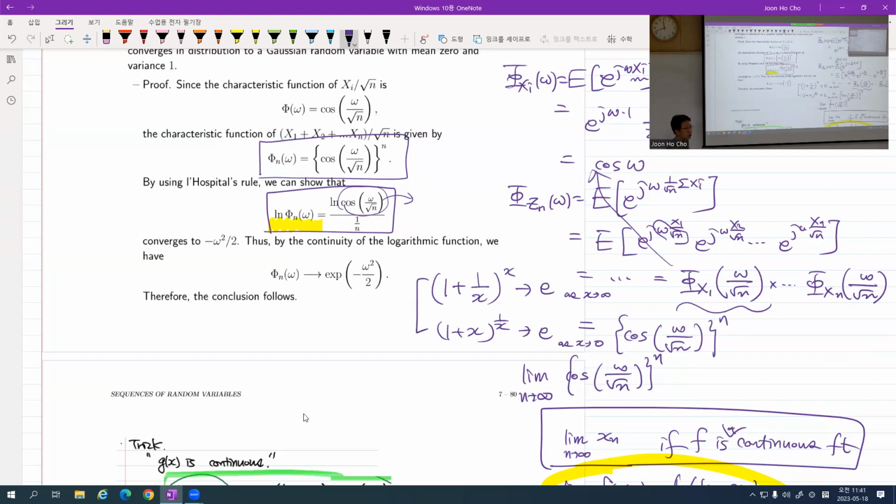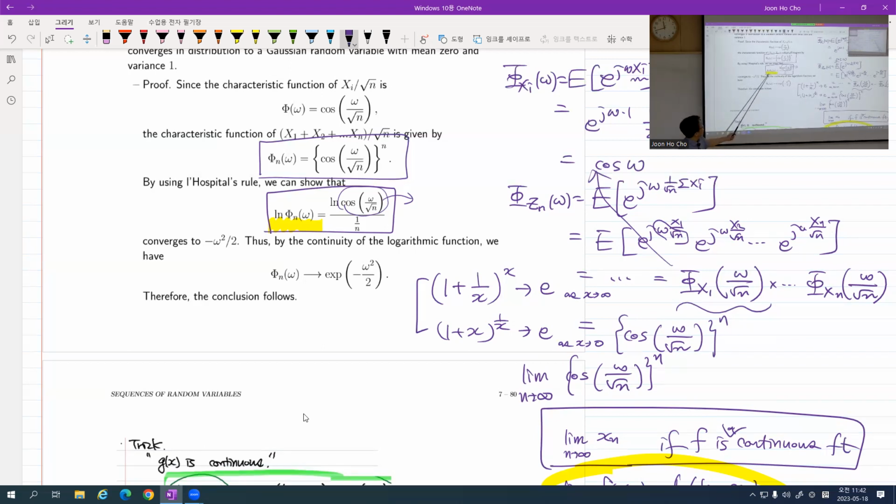Some people define the number e as the limit of this or that one, right? So you use that one, and you can show this converges to that one. Or you can directly apply L'Hopital's theorem to show this one. And probably you'd better apply L'Hopital's theorem. Then it converges to negative omega square over 2.